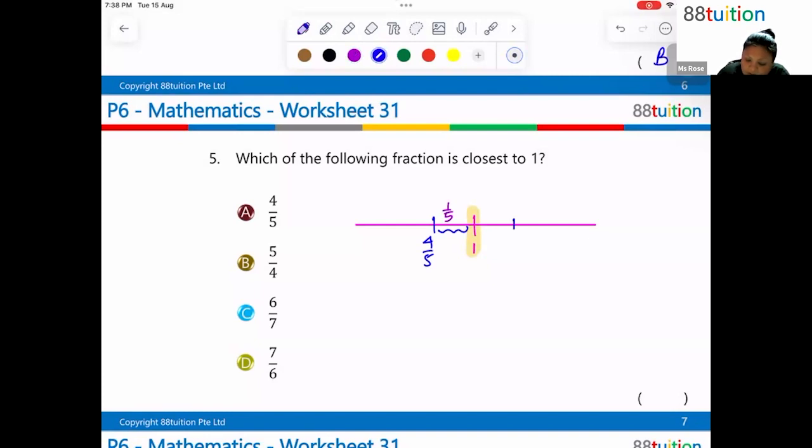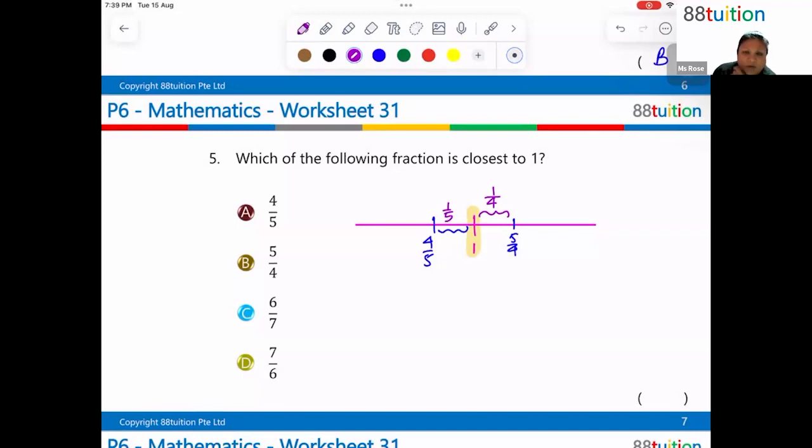Whereas 5 over 4 is 1 over 4 away from 1. Now with this comparison, it's always easier to compare when you have a similar numerator but a different denominator. The bigger the denominator, the smaller the fraction.